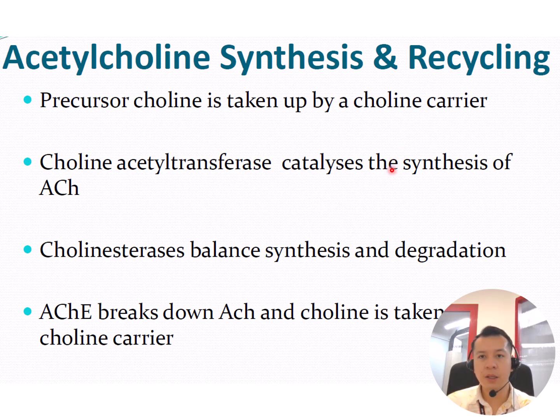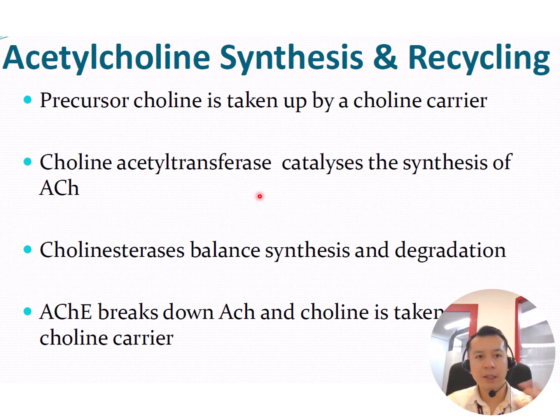The process begins when choline, the key precursor, is transported into the nerve terminal by choline carrier proteins, which bring in the choline and initiate the process. Once inside, we have an enzyme called choline acetyltransferase.